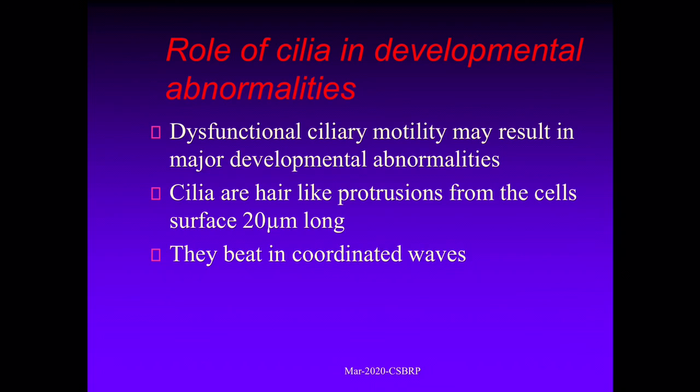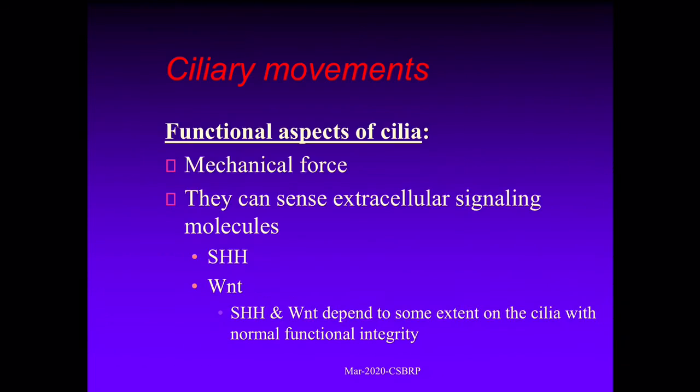So dysfunctional ciliary motility may result in major developmental anomalies. Cilia are hair-like structures, as I told you already, and they beat in a coordinated fashion. They create a mechanical force. They can sense extracellular signaling molecules like the sonic hedgehog and WNT pathways, and SHH and WNT depend to some extent on cilia with normal functional integrity.